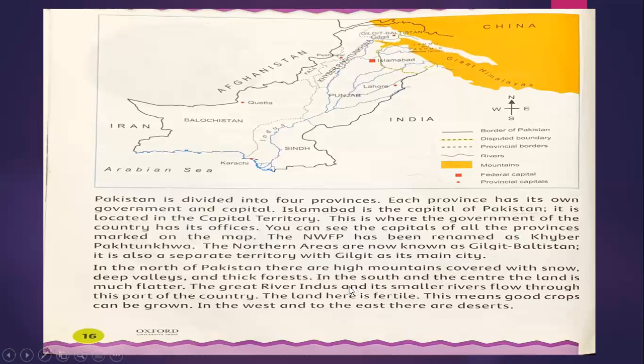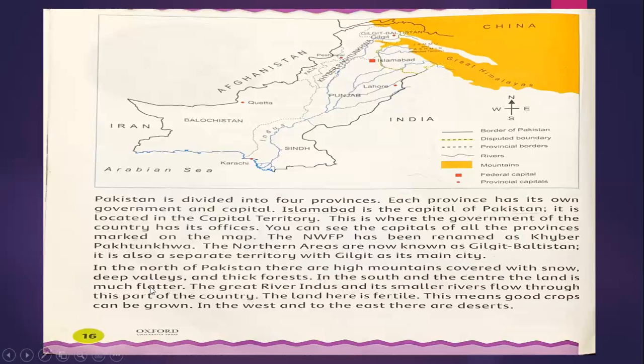So they are saying there are high mountains covered with snow. Where? In the north. As I told you, this is the north, here on the upper side. Here we have the high mountains and deep valleys.